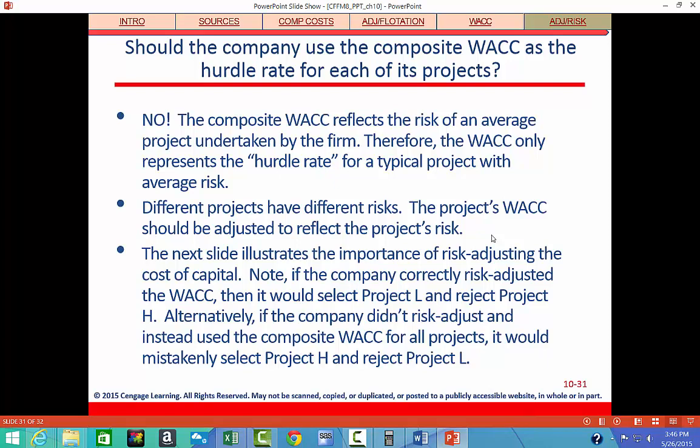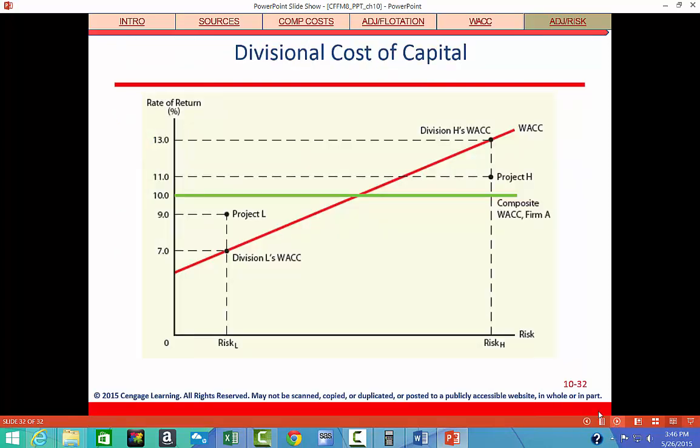And so if we look at the next slide, they've got a new example here with firm A that has a composite weighted average cost of capital of 10%, and they've got two divisions, Division H and Division L. They've shown here that in Division L, the risk is low, and its weighted average cost of capital is 7%.